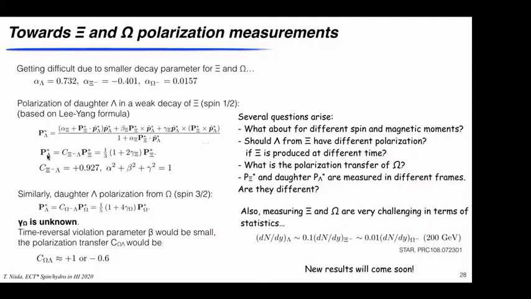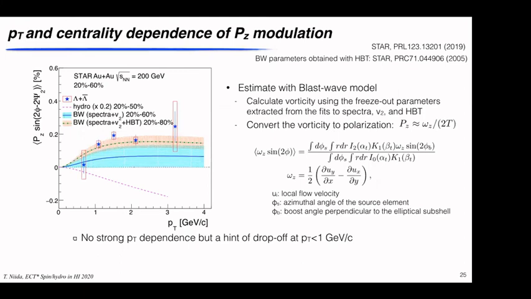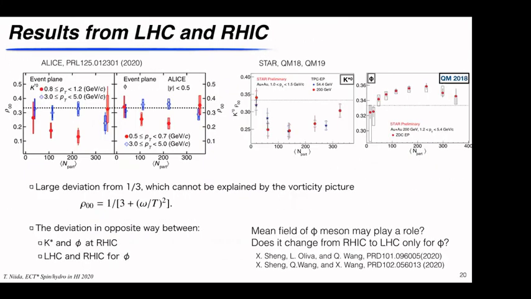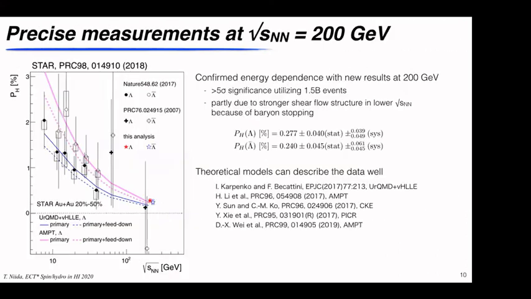Another small question: I noticed that at 200 GeV, the lambda global polarization is slightly larger than the anti-lambda global polarization. Although it's not significant, from the numbers it is slightly larger. At lower energy, we know the anti-lambda polarization is larger.